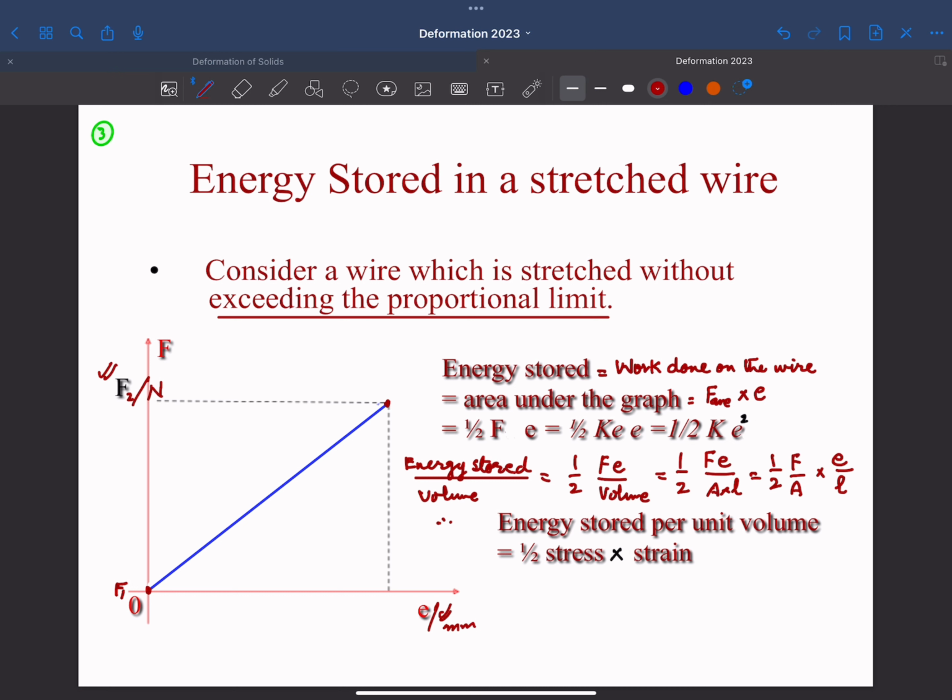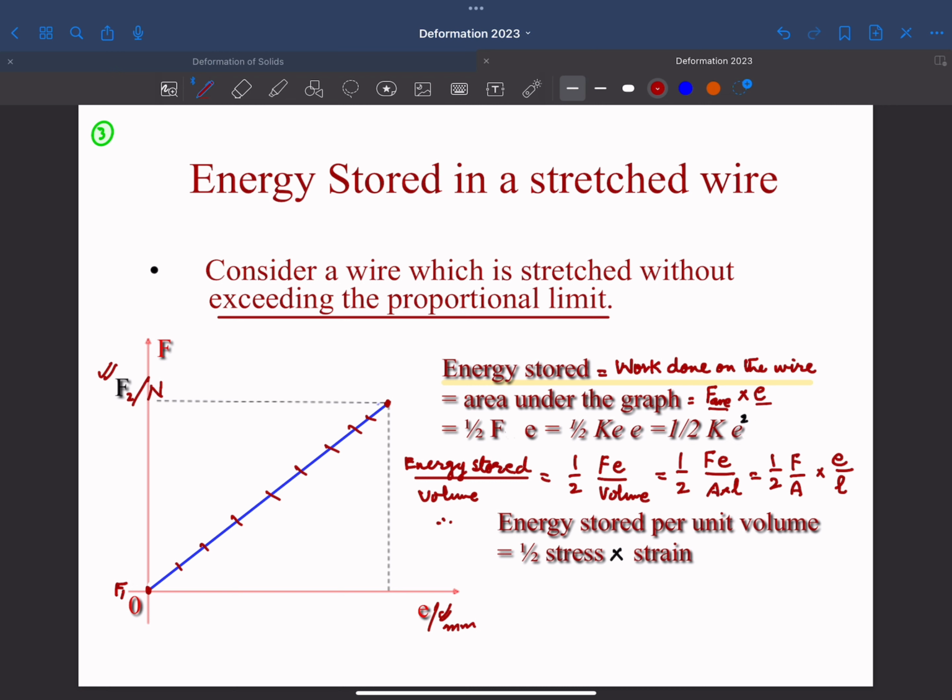So overall, you will calculate the average force from 0, that is F1, to a force F2. The simple thing is that energy stored is nothing but the work done on the wire. How can you calculate the work done on the wire? It is the average force multiplied by extension.